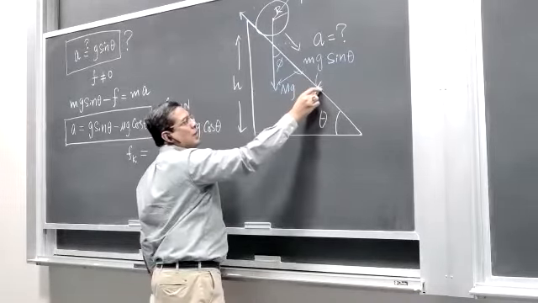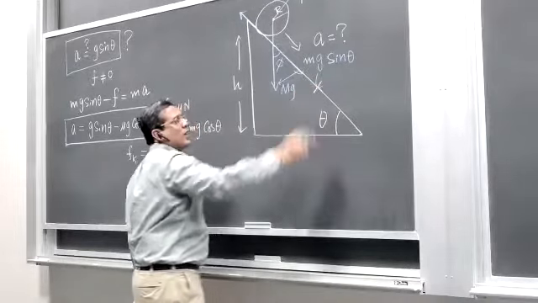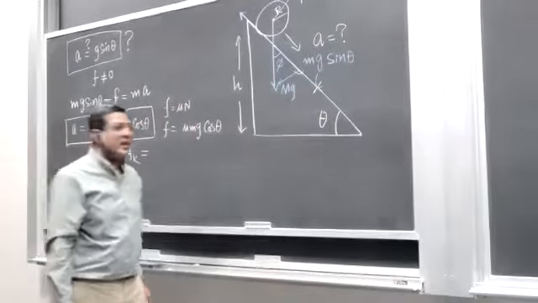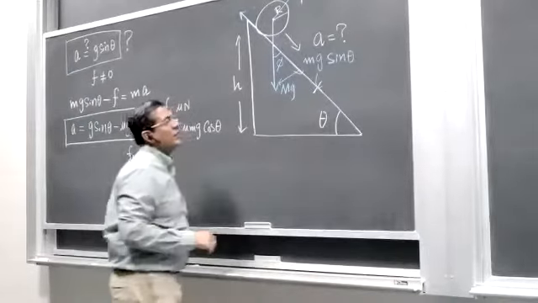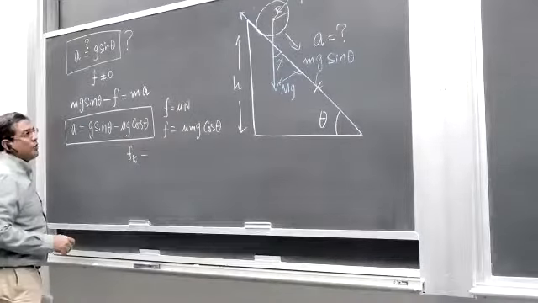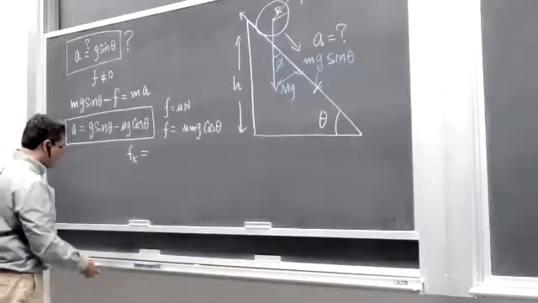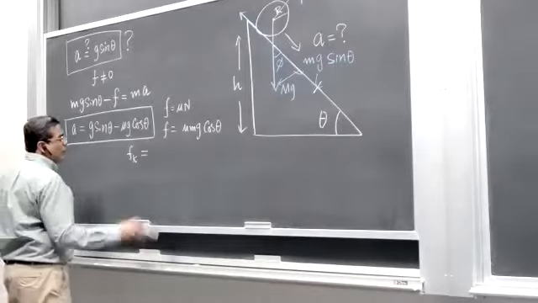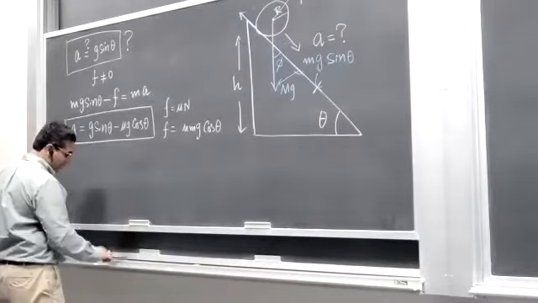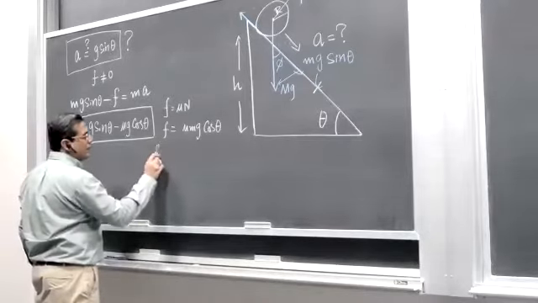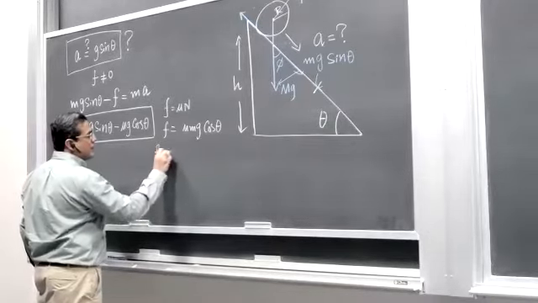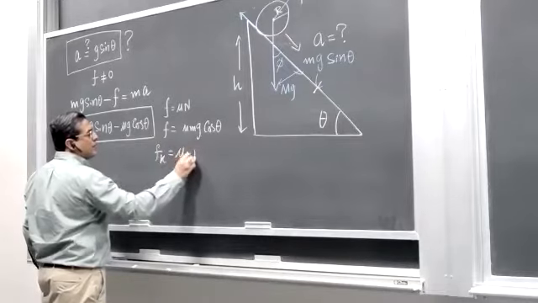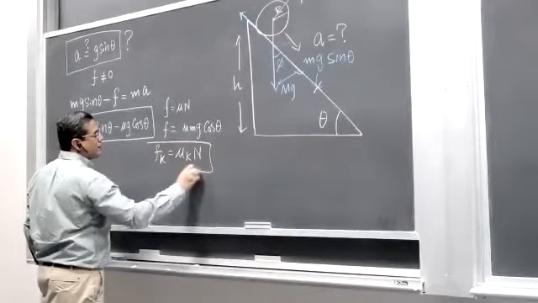So there is no slipping, no relative motion between the surface of the cylinder and this surface. So there would be no kinetic friction. So this equation, Fk equals mu Kn, we cannot use.